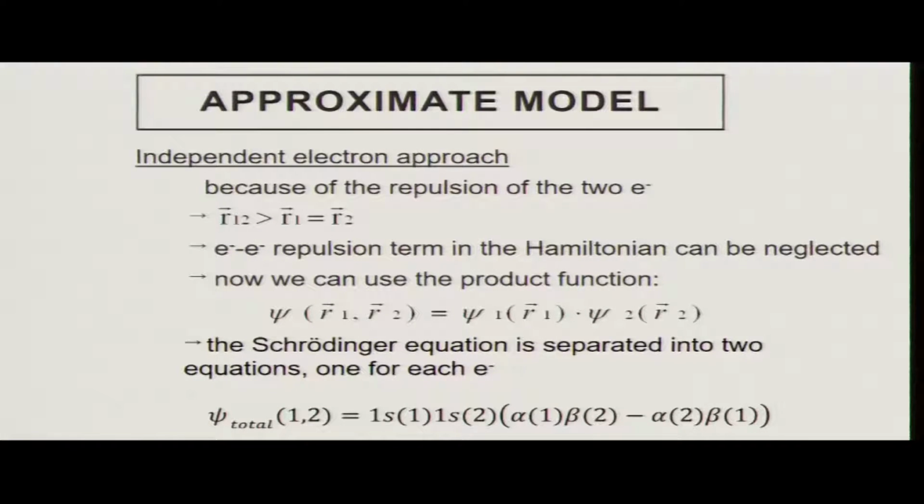The Schrodinger equation is then separated into 2 equations, and each of the electrons in the helium atom is independent of the other. This is an approximation, as I have been mentioning, because there is an interaction between the two electrons, but at a first order level it can be ignored, to at least solve it as two independent electrons.